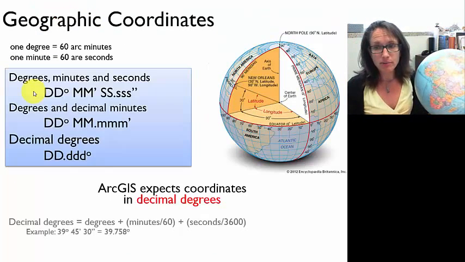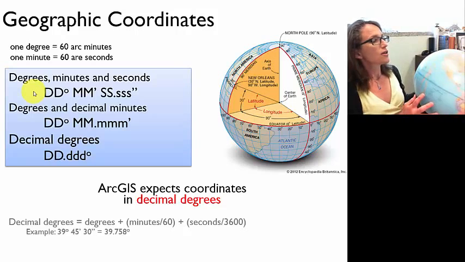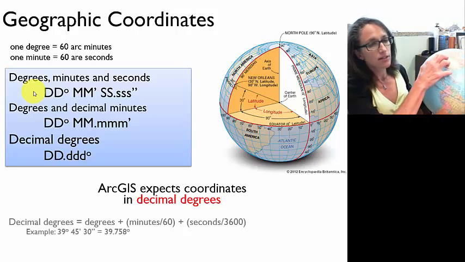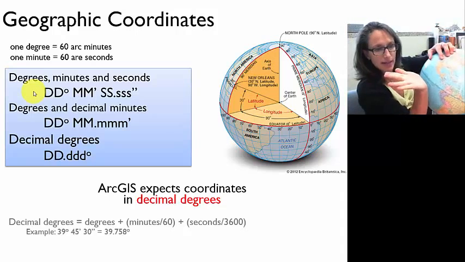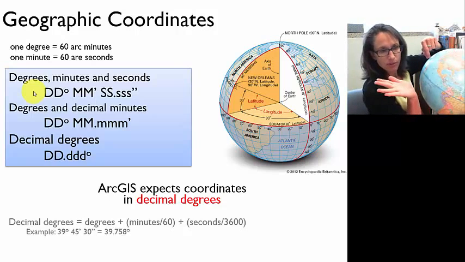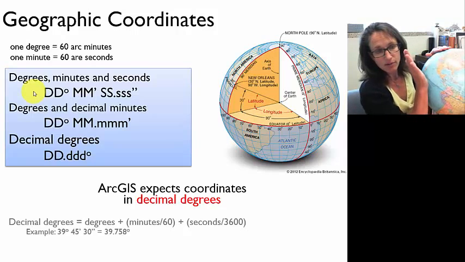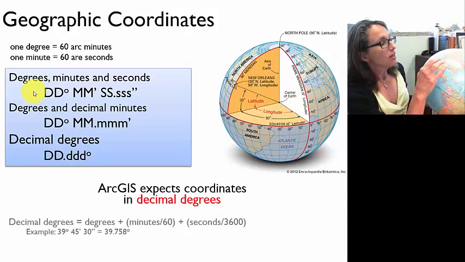So geographic coordinates are expressed in angles because they are spherical coordinates. So if we pick our location here in Grand Junction, Colorado, and we want to get the latitude, what we're measuring is the angle. If we start at the center of the globe, and we take the angle from the equator 0, the angle up to Grand Junction, which ends up being an angle of about 39 degrees.